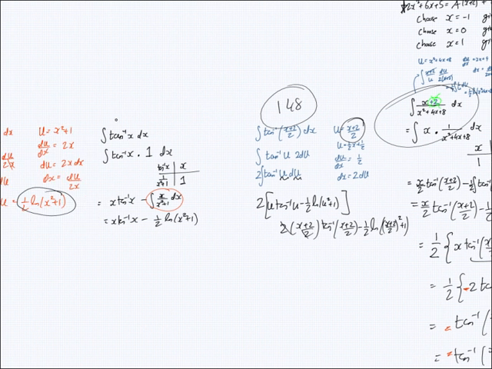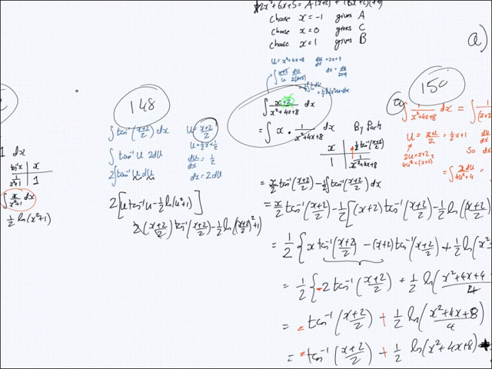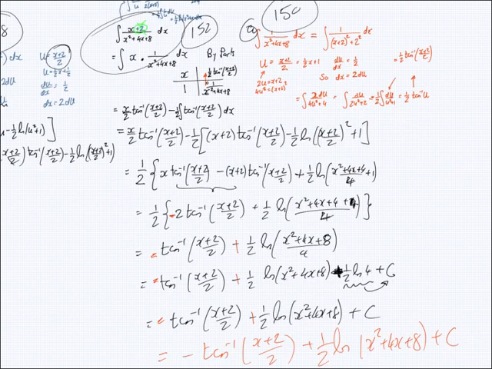This one here was from page 152. And this one here was from page 148 again. And then the actual main question is a by parts, so that is also another revision of 152. It's a good question.